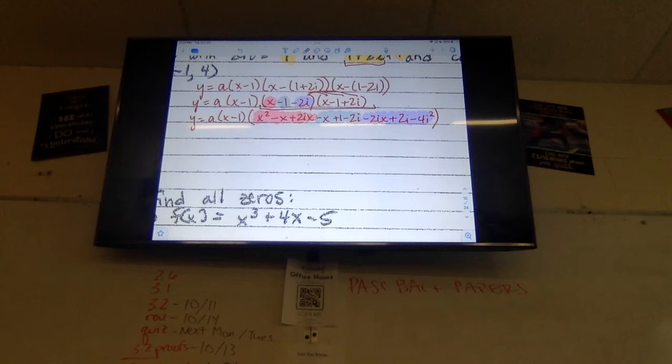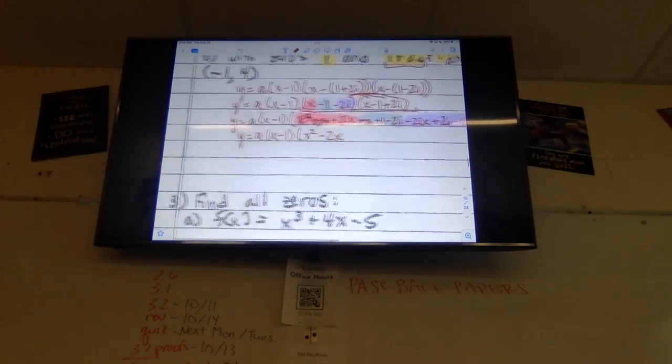All right, again, that's a lot, but what I'm about to do is simplify. I'm going to combine like terms, and I am going to cancel a few things out. So I've got y equals a times x minus 1 because I still haven't messed with him yet. My x squared has nothing to combine with, so I'm going to just write my x squared down here. And then I'm just gonna cross him out because I don't want to think about him anymore. All right, now I'm worried about my x's. I've got negative x and negative x, so that's gonna be minus 2x.